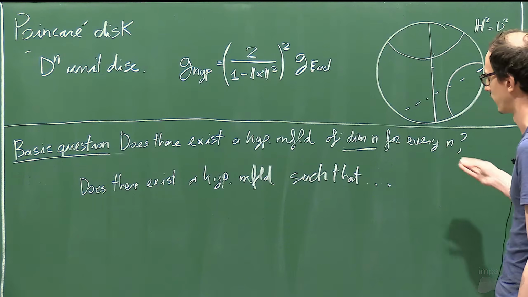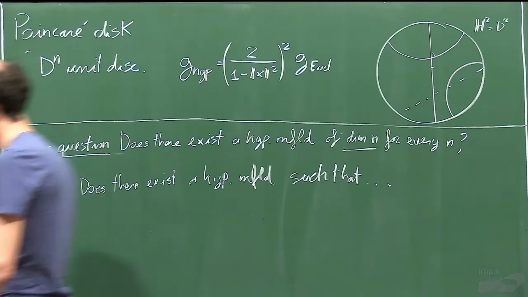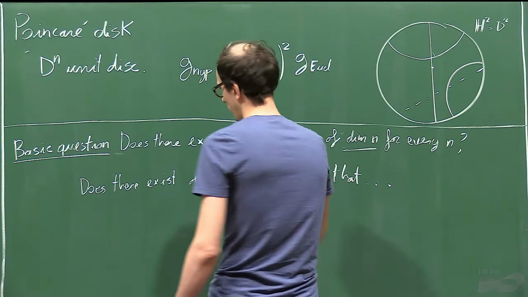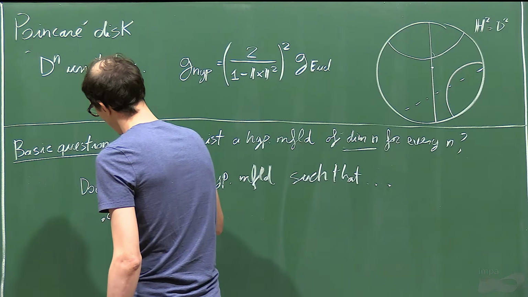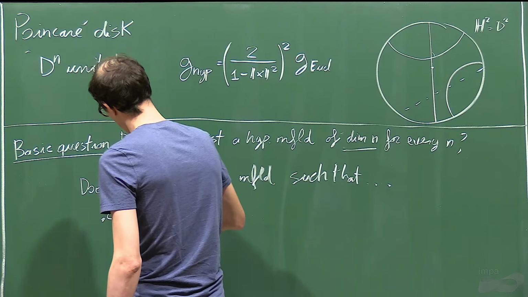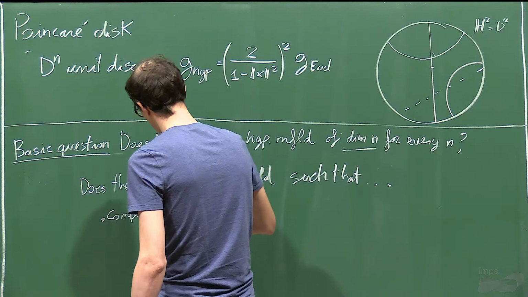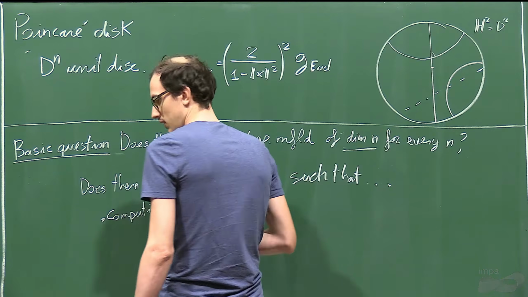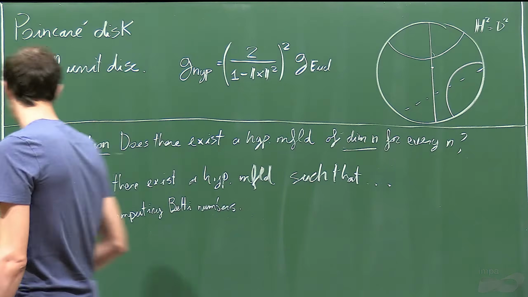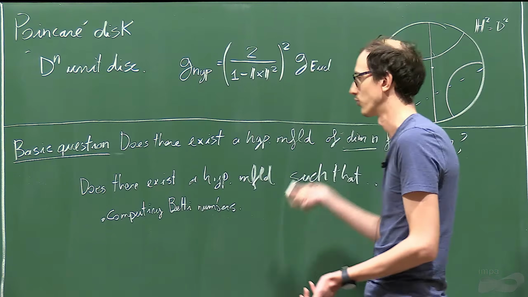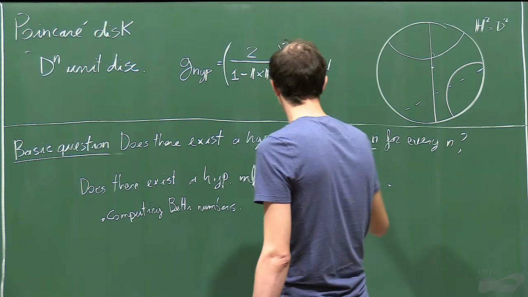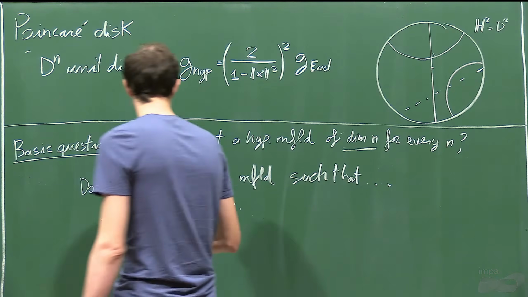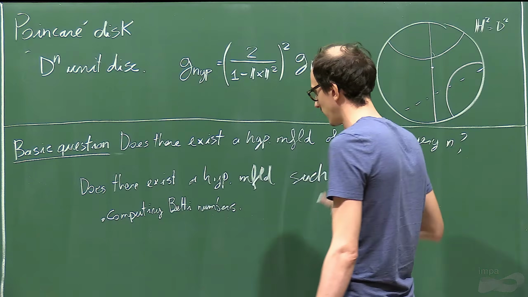For example, with arithmetic methods, it's very hard to compute invariants of the manifold that you build. For example, computing Betti numbers is a very basic question, which is hard to compute for manifolds built with arithmetic methods.